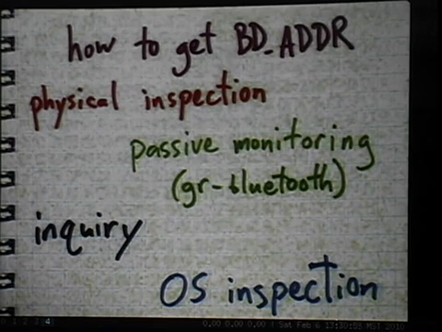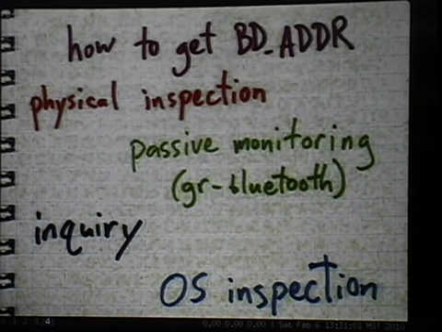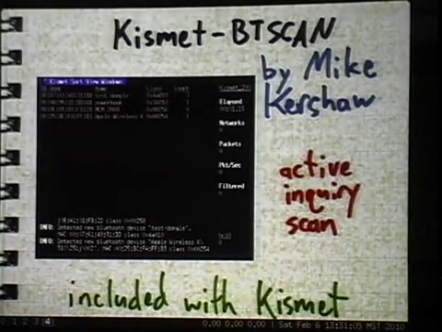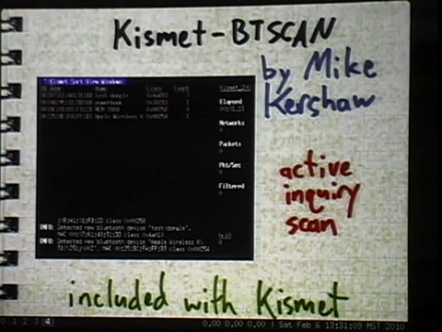Another way to get addresses is by inspecting the operating system of the host computer. Mike Kershaw has recently released a Kismet BT Scan plugin, which is a plugin that does inquiry from within Kismet.